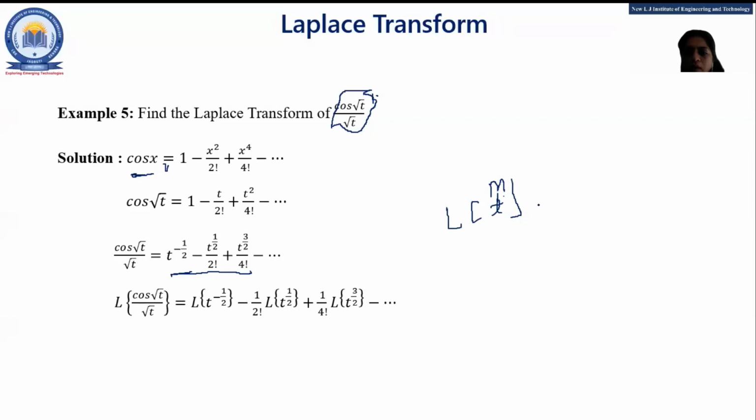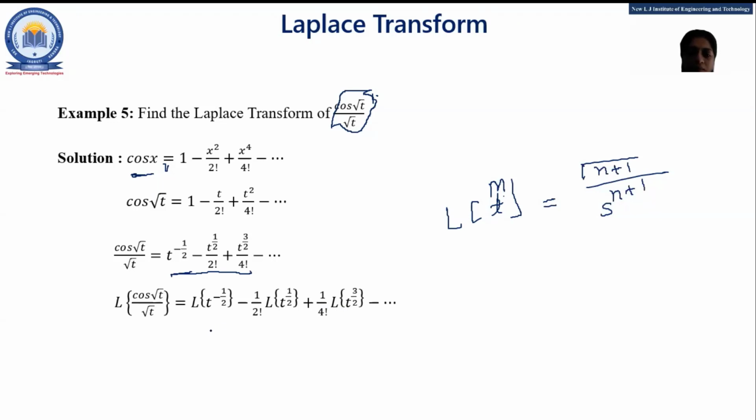What is n in this series? Students, in this series, this n is a fraction. As n is a fraction, we have to apply the formula gamma n plus 1 upon s raised to n plus 1.